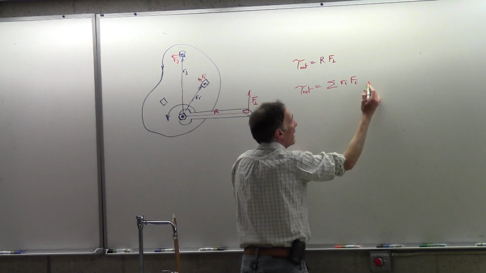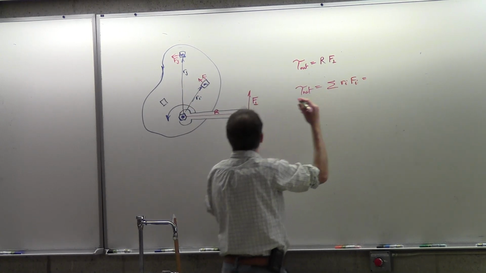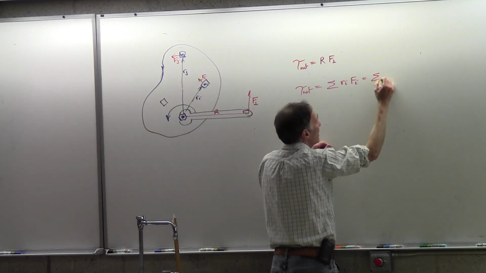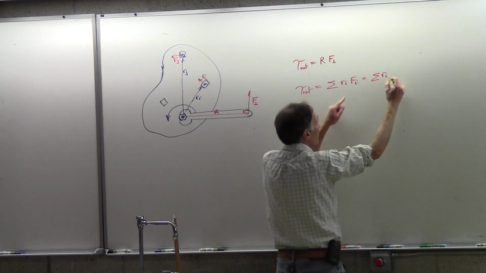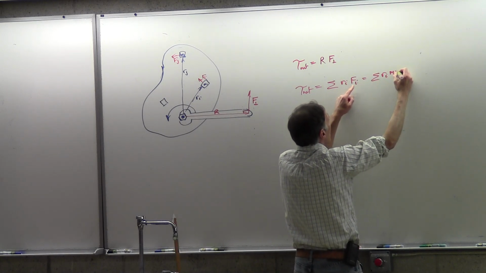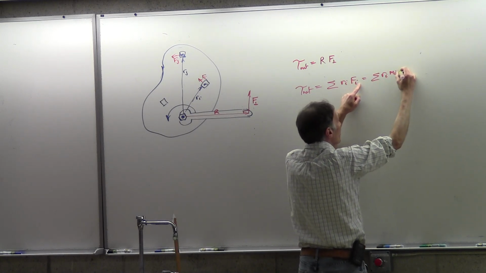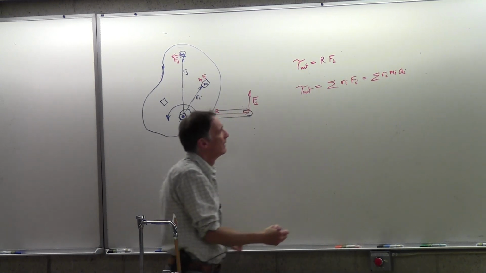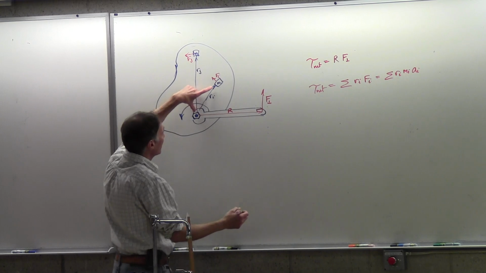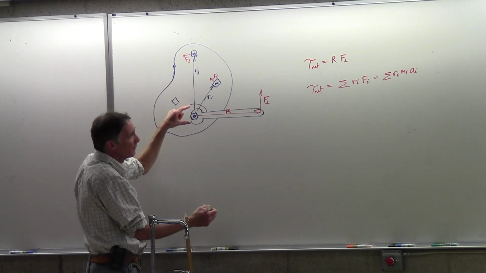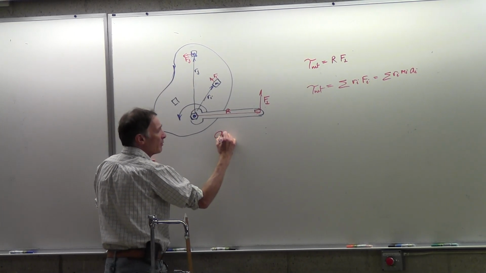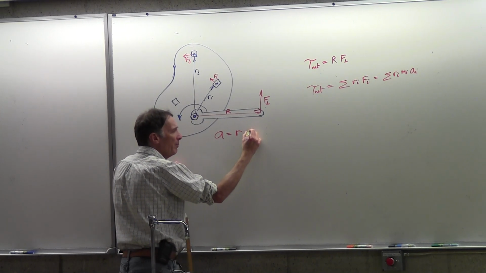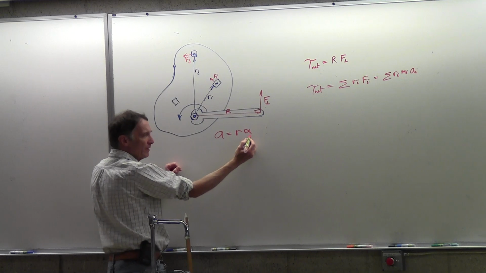And that F sub i is going to tell me about the acceleration of this thing. So that's R sub i times F, which should be m sub i times the acceleration, a sub i. These accelerations are all going to be different, and I know that acceleration is equal to R times not omega but alpha, the angular acceleration.